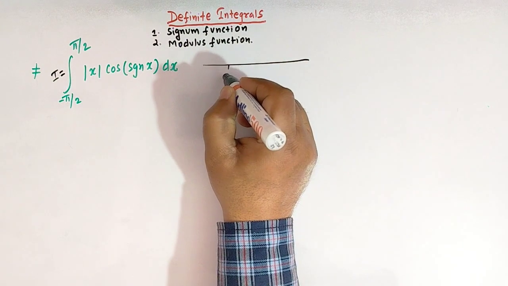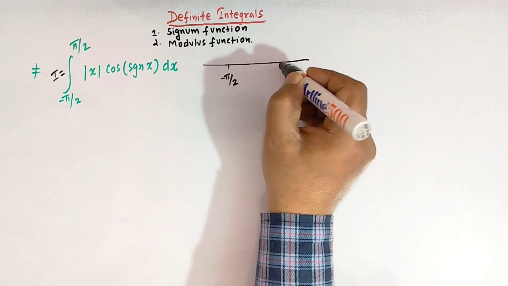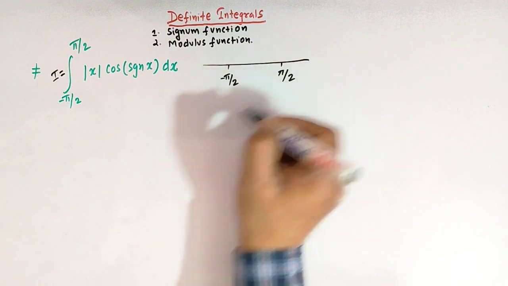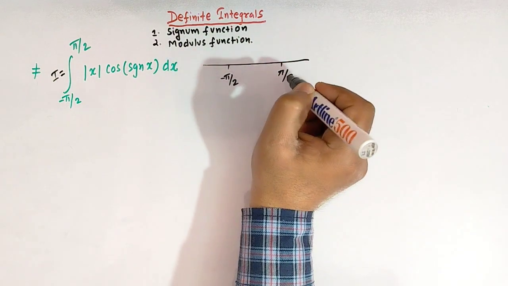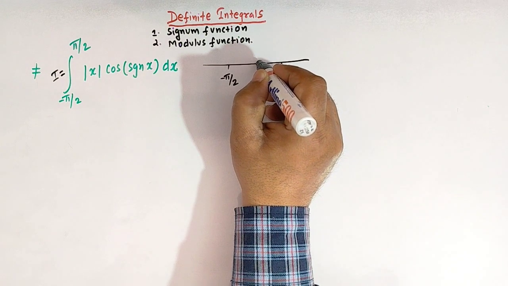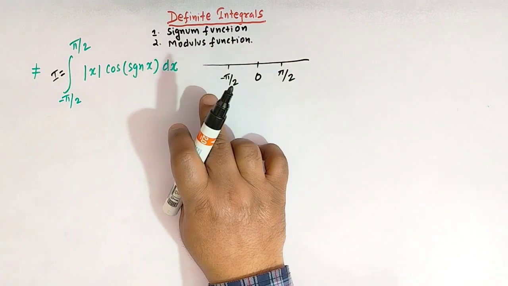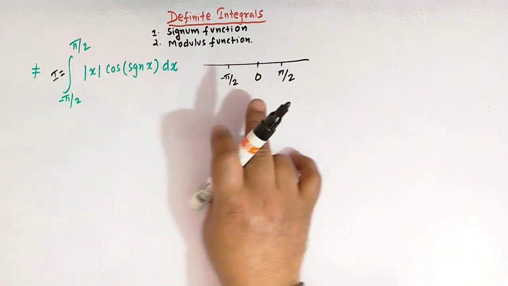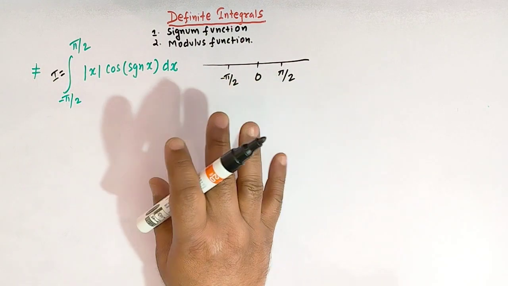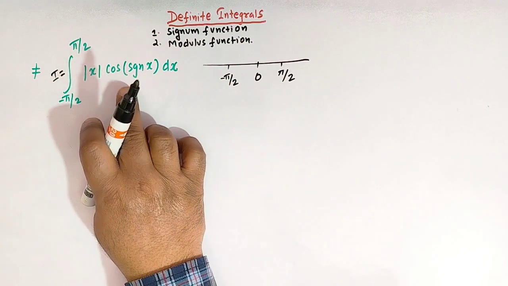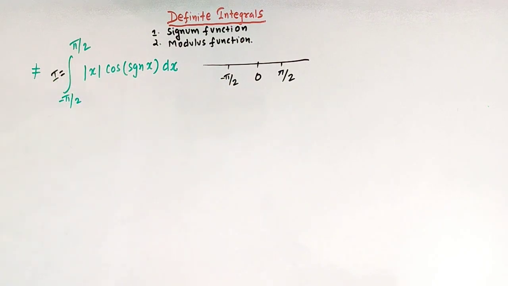So here we have minus pi by 2, and here we have pi by 2, right? And between minus pi by 2 and pi by 2 we can take 0, right? The importance of representing the limits on the real number line is to split this integral as a sum of two integrals, right?